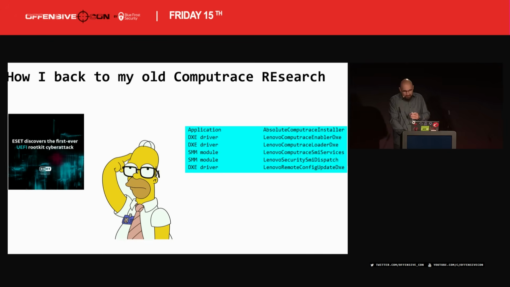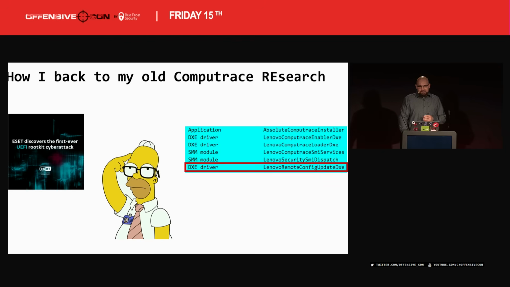Here is a list of components related directly to Lenovo, or actually, the Absolute Software CompuTrace component. I think Lenovo is really using an old version of it, and they just reuse it, even in some of the new laptops.